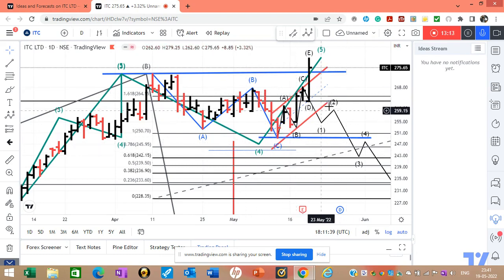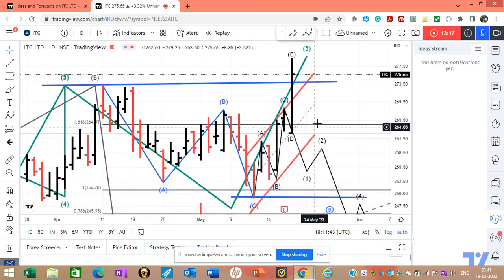So as far as ITC is concerned, I'm still hoping that ITC will come down, because this is the fifth wave and this is an ending diagonal pattern. Same pattern in Coal India and Power Grid. I'm repeating myself, and it's a short trade. I'm expecting a move down.